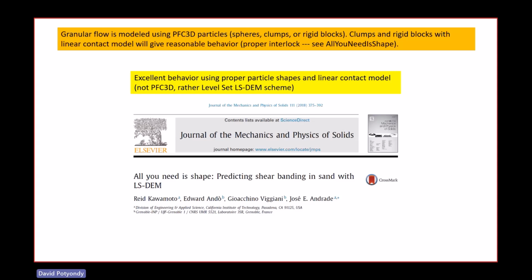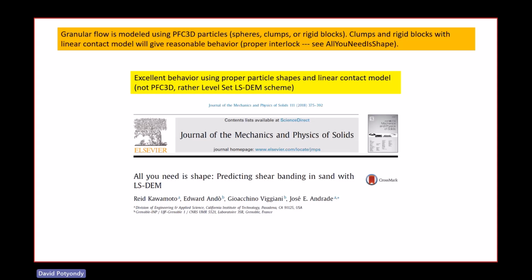Okay. And what he does here is he uses a 3D discrete element program, but it's not a distinct element program. It's a different program called LSDEM. And what this program does is it has this really cool way of representing any kind of shape. So he doesn't have to turn it into a polyhedron.